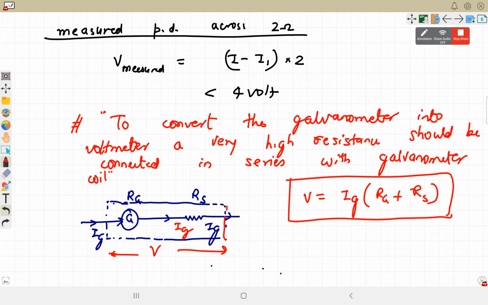That is the maximum voltage that can be measured. High resistance connected in series. V here is the range of voltmeter. ये maximum value है जो हम किसी भी voltmeter से measure कर सकते हैं.